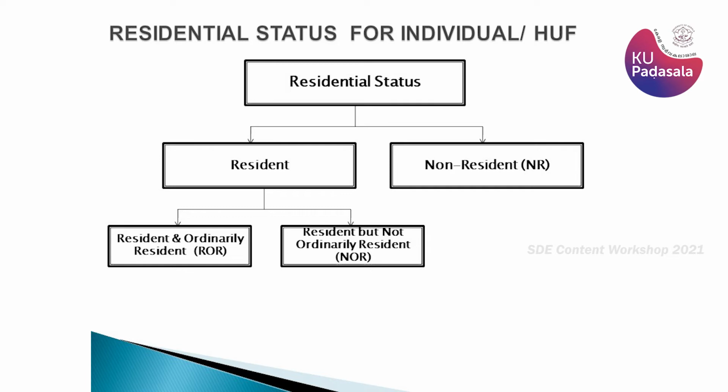And if they are identified as resident, again they can be either ordinarily resident or not ordinarily resident. So, there are three types of assessees in the case of individuals and HUF: ordinarily resident, not ordinarily resident and non-resident.